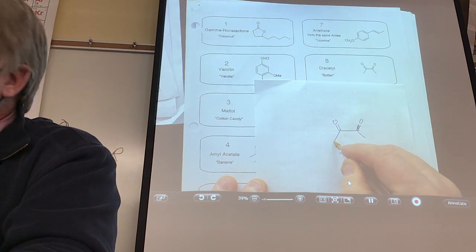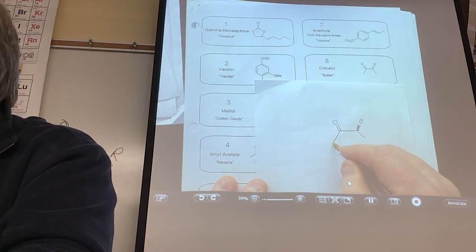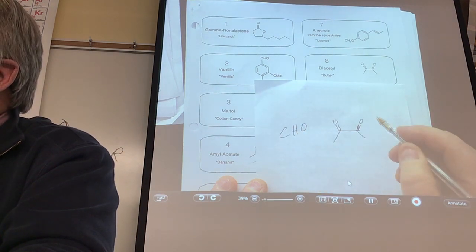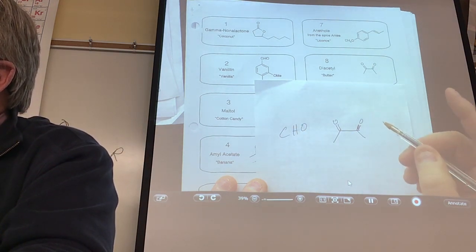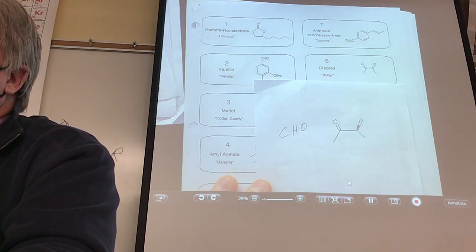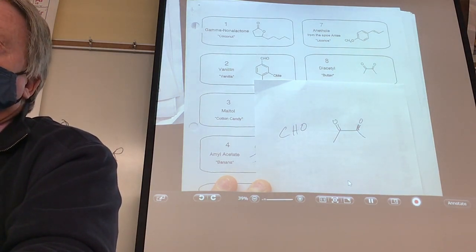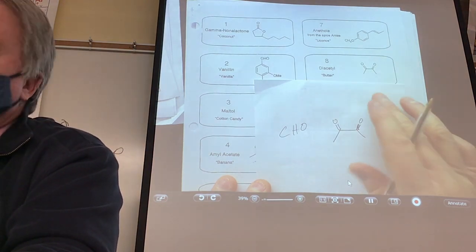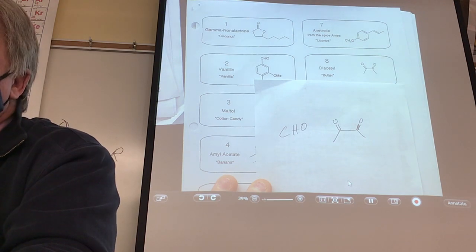I just wanted to ask how chemically similar is it to... Say it one more time. How similar chemically is... I would have to look that up, because butter from a cow's milk, I would have to look to see, are there other things besides just the butter? That's a good question. I actually don't know that.